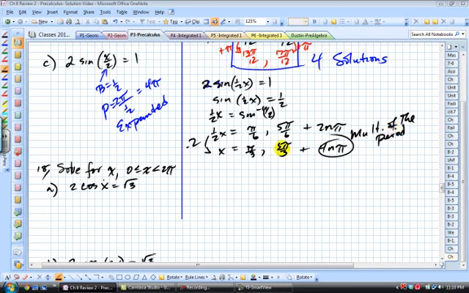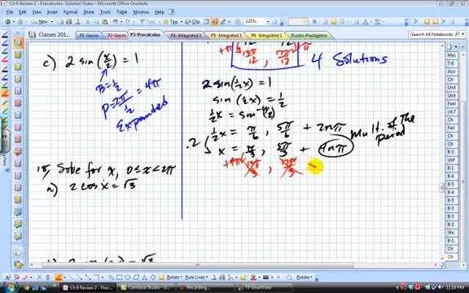Now if I add 4 pi to either one of these, I'm beyond 2 pi. So I only have 2 solutions here because the period's expanded. If I add 4 pi here, that'd be 12/3, so it'd be 13 pi/3. This one would be 17 pi/3.